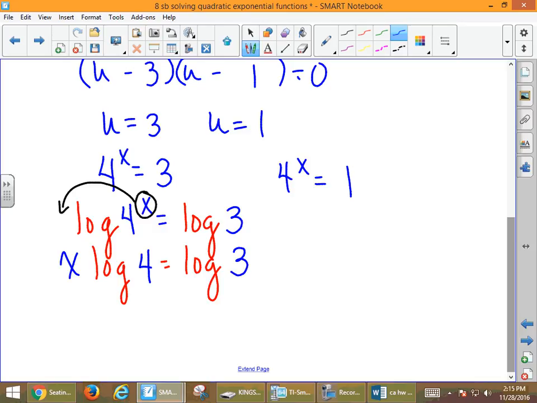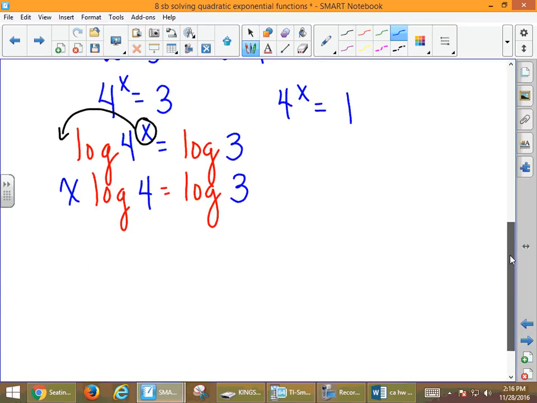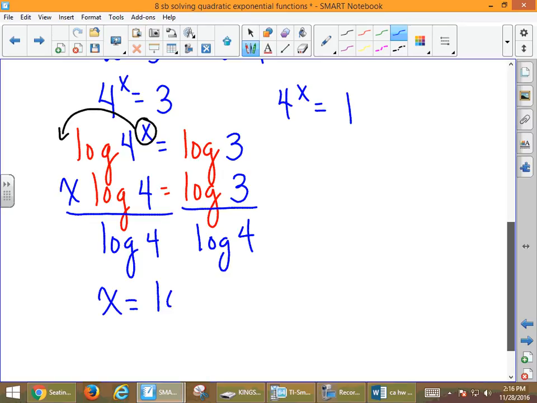And it's x multiplied by log 4, so the inverse operation is to divide by log 4. And so we end up with our exact solution of log 3 divided by log 4.